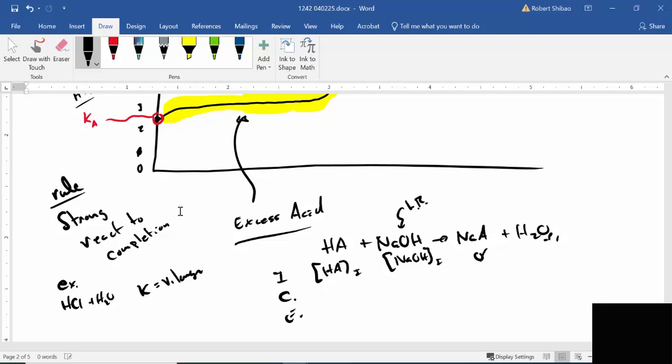Is water a very strong base? No, water is one of the weaker bases. What if we take HCl and react it with a stronger base like ammonia, something like that? Do you expect K to be the same size, bigger, or smaller when we react it with a stronger base than water?